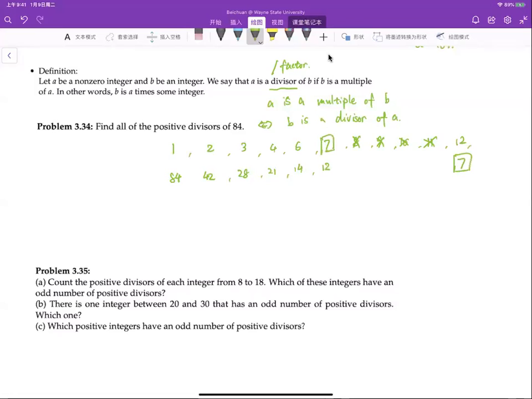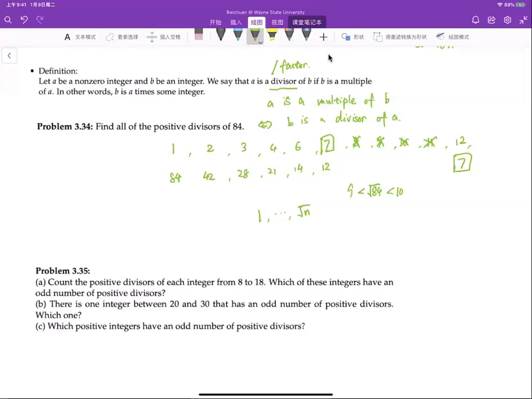So this is why, as we mentioned at the beginning of chapter 3, we only need to test the numbers between 1 and the square root of that number. In this case, the square root of 84 is greater than 9 but less than 10.